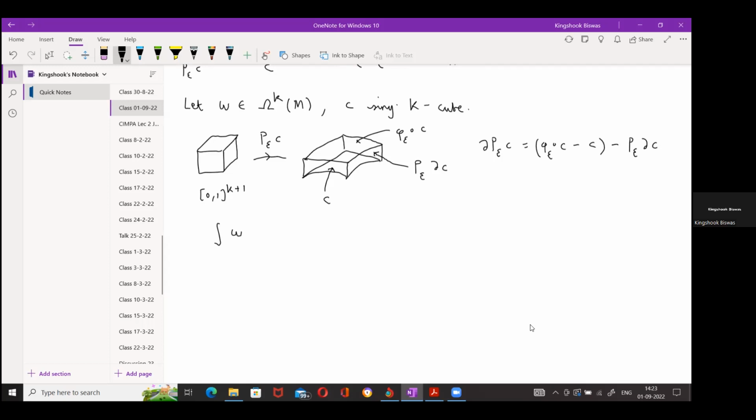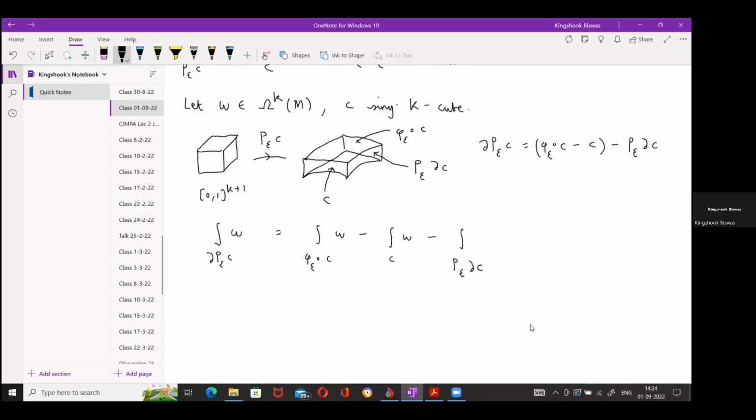Okay. So both sides are K chains. So integral of omega over boundary of P epsilon C is the integral over phi epsilon composed with C of omega, minus the integral over C of omega, minus the integral over P epsilon of boundary C of omega.